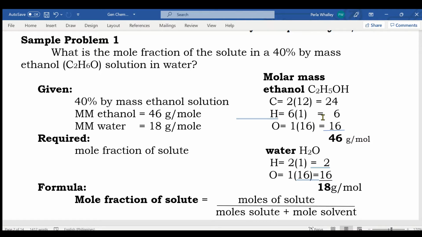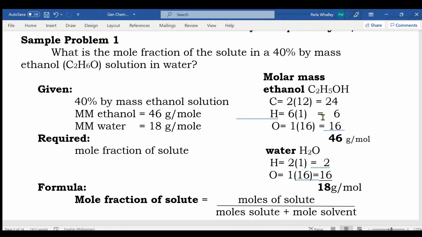Okay, it's up to your teacher. But for now, we will use the rounded off atomic mass for convenience. Hydrogen has an atomic mass of 1, oxygen 15.99, we rounded off to 16.